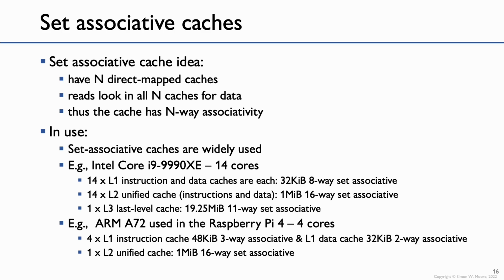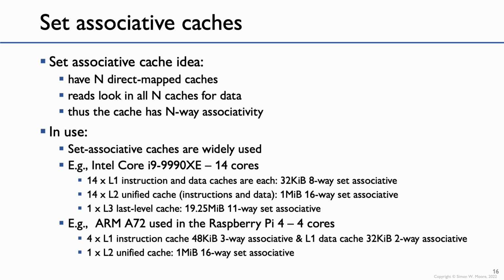In contrast, it's interesting to look at a Raspberry Pi 4, which has an ARM A72 on it. It has 4 cores. Remember, this is a much cheaper chip, much lower power, and yet some of the basic cache characteristics are not so different. Interestingly, it has a bigger instruction cache than the high performance Intel Core, which I find really amusing.